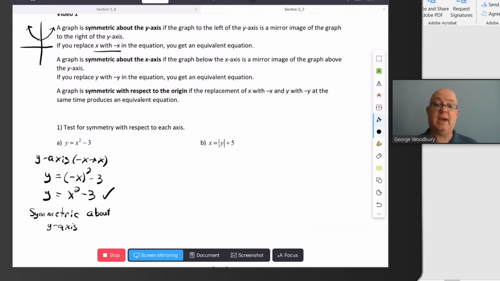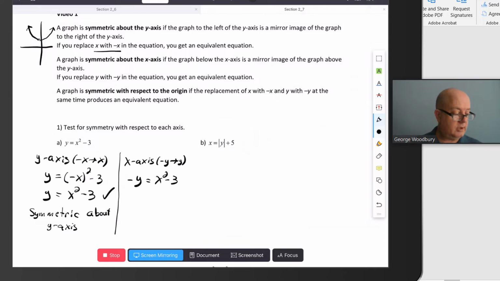Now we're going to do the x-axis as well. For the x-axis, that means we're going to put in negative y for y. Negative y equals x squared minus 3. Even if we solve for y by dividing through by negative 1, we would get y equals negative x squared plus 3.